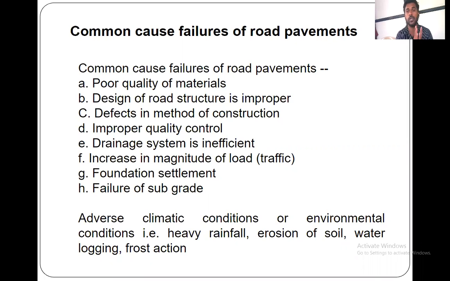So this is the main important factor that we need to understand. The second is that the design of the road structure is improper. Suppose whatever design parameters are given for the construction of the road, if we have not maintained those parameters, we have not designed as per the given specifications. This word is very important.